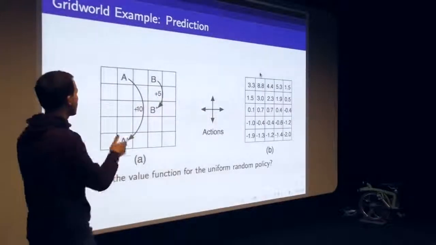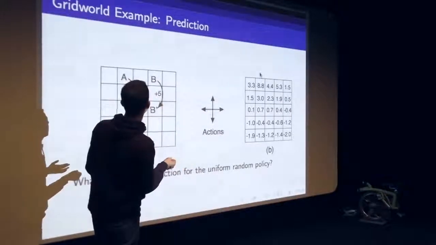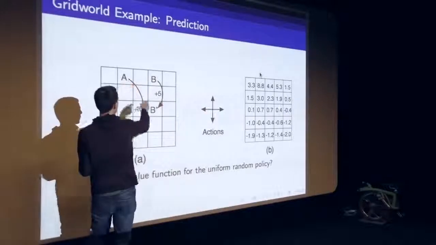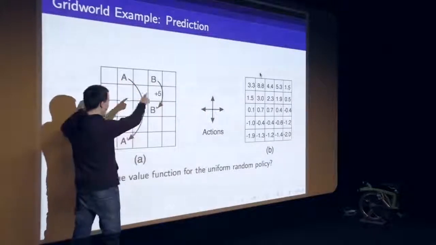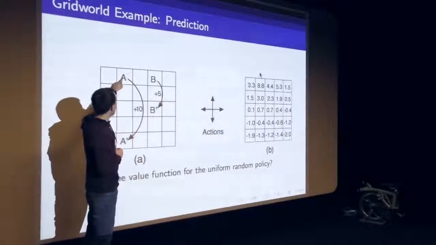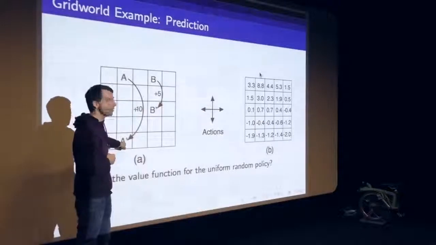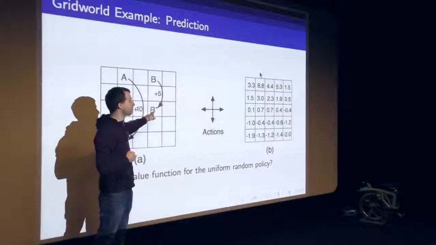If we go back to our grid world example, you can have a grid world like this, where you've got an agent moving around. It basically gets -1 per time step, but if it goes to A, it gets a +10 reward and teleports to A prime. If it goes to B, it gets a +5 reward and teleports to B prime.